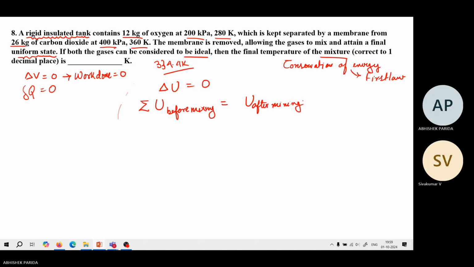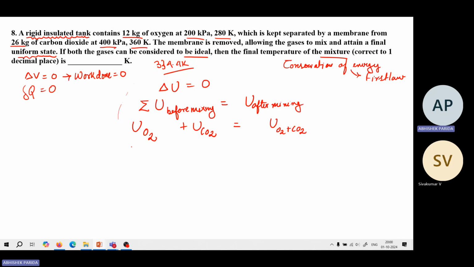That's all. This is the concept that you require for solving this question. Before mixing, you will have separate U of O2 plus separate U of CO2. But after mixing, that will be a mixture of CO2 plus O2.